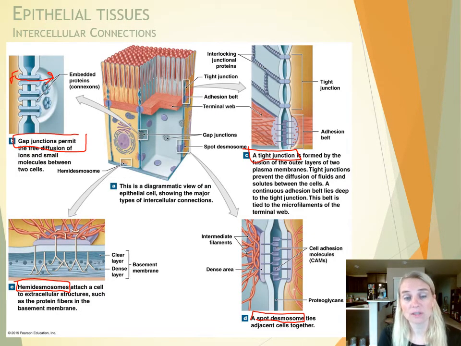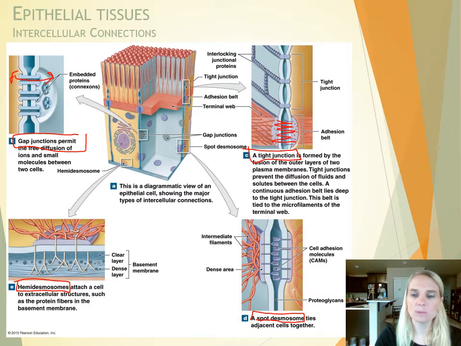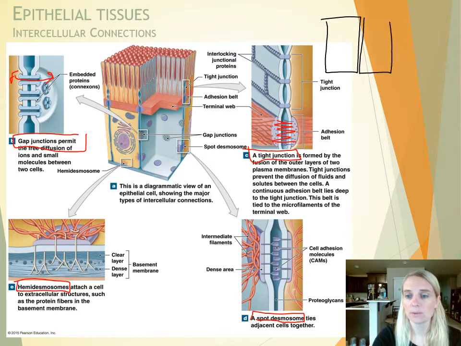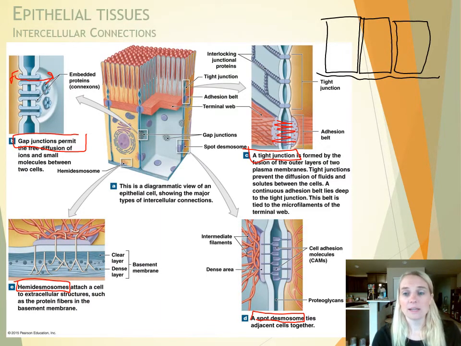Tight junctions are usually towards the apical surface, and what they do is seal the neighboring plasma membranes so tight that not even water can go between them. I would normally have drawn this on the whiteboard in class, so bear with me here. If we had some cells, here's our basement membrane, say in the digestive tract.